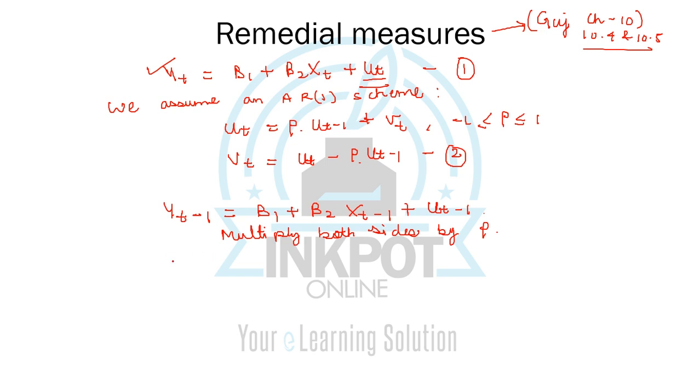So when we do that, we get rho times yt minus 1 equals rho times b1 plus rho times b2 xt minus 1 plus rho times ut minus 1. Let's call this equation 3, and now we must subtract 3 from 1.